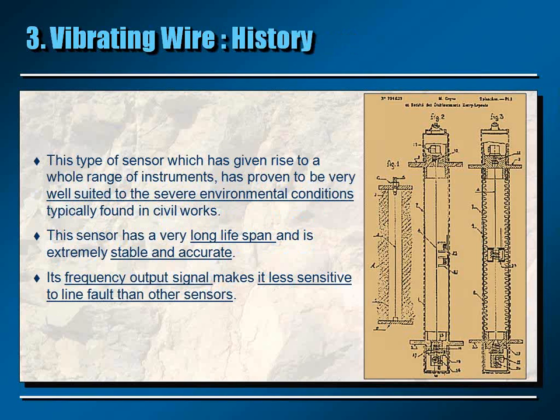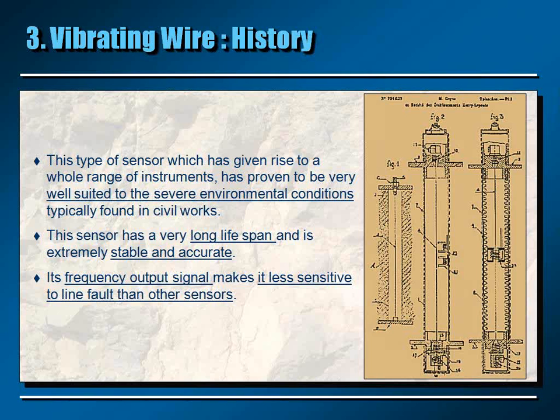And quite rapidly, this new technology became very appreciated in the civil engineering field. And the reason for that is that people realized that this technology is well suited for the difficult environmental conditions that can be encountered in this field.